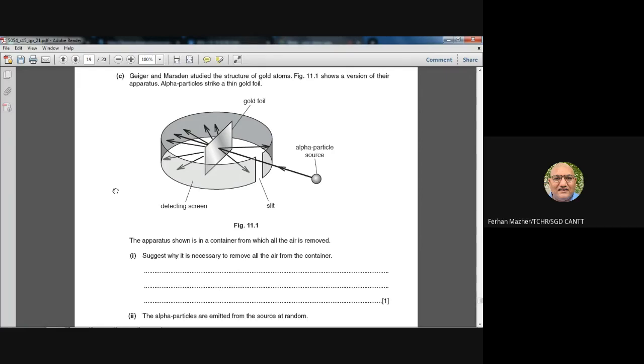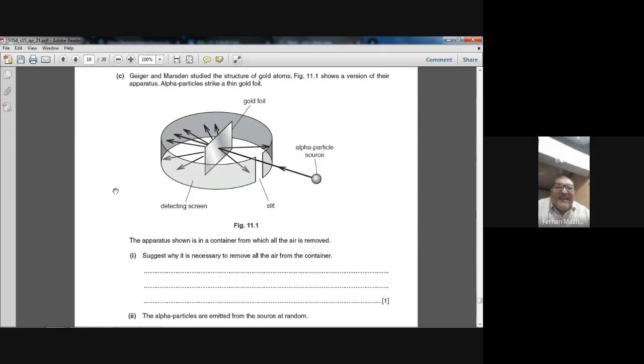Because the alpha particle size is large and they have high ionizing power, they will be stopped by the air molecules. So it's very important that you remove all the air inside that container, so that the alpha particles can reach the gold foil and also reach the detecting screen.